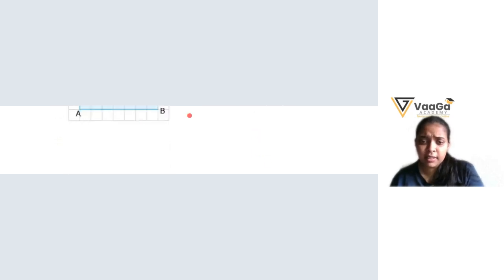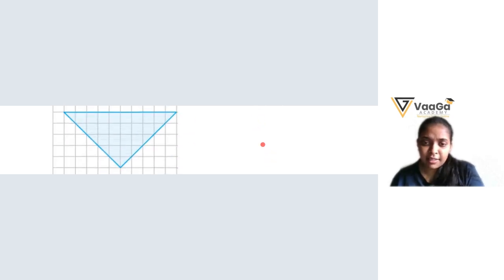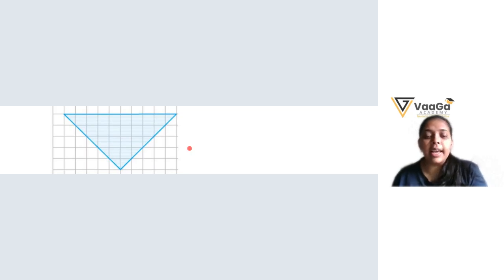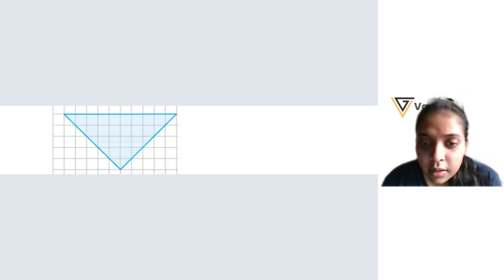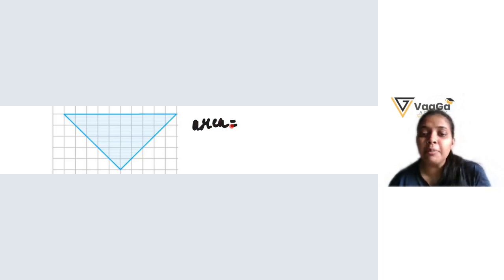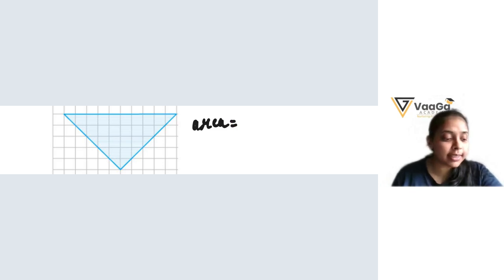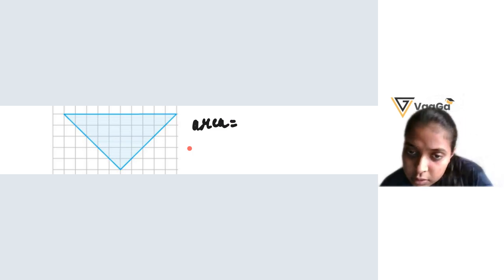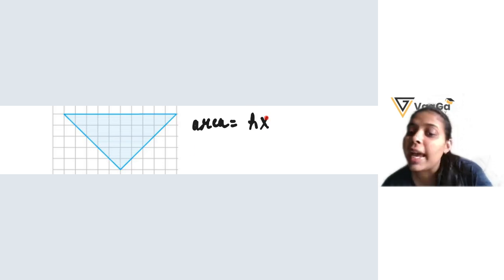You forgot tables? Okay. Now, what is this? This is a triangle. What is the area of a triangle? First, tell me the formula. We did it at the starting of the class.